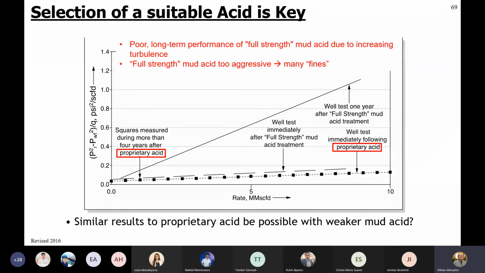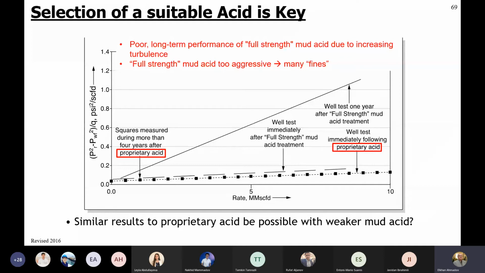For example, in this case, full strength mud acid was too aggressive, and it provided many fines. So those fines precipitated and created even more formation damage to block the pores.